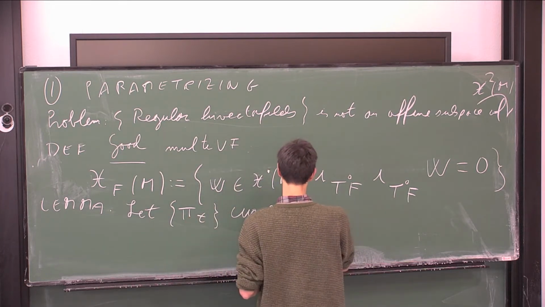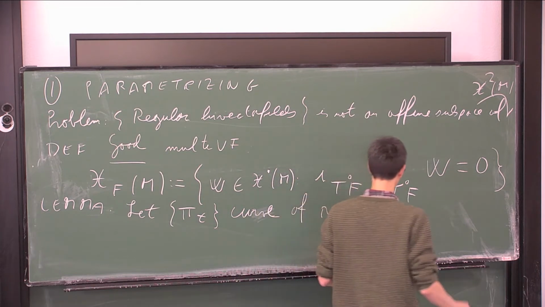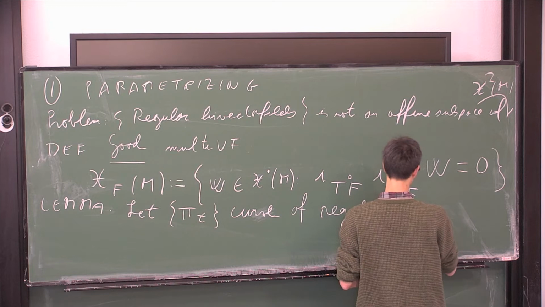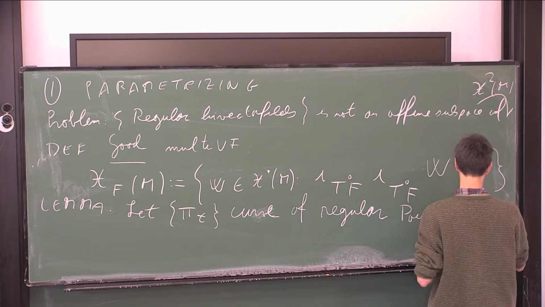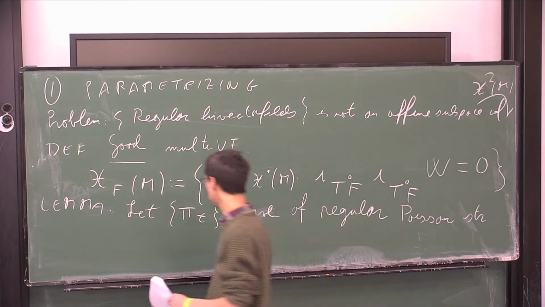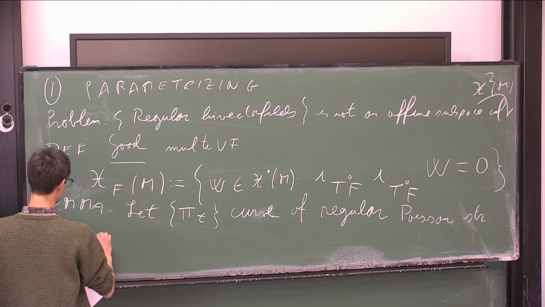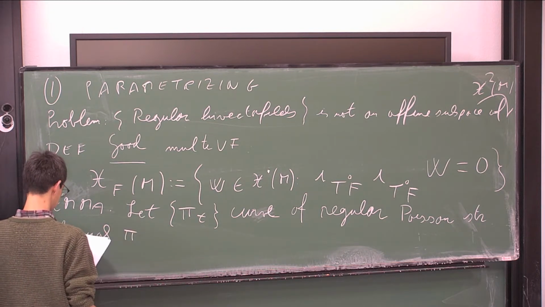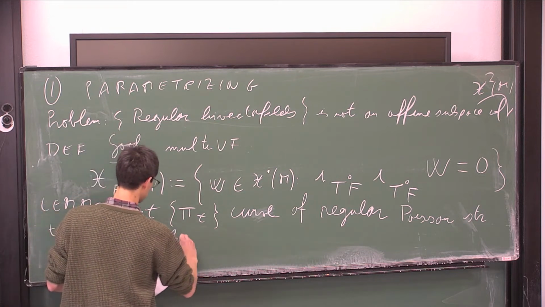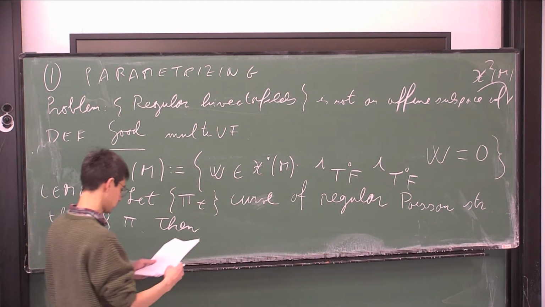So I take a smooth curve of regular, well, let's put in the integrability condition at once, so let's take Poisson structures, which at 0 goes through pi. Okay. So what can we say about the velocity at time 0?